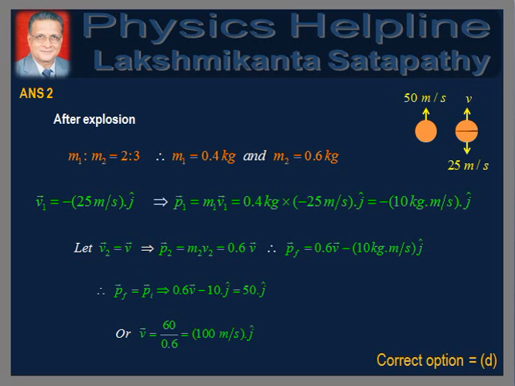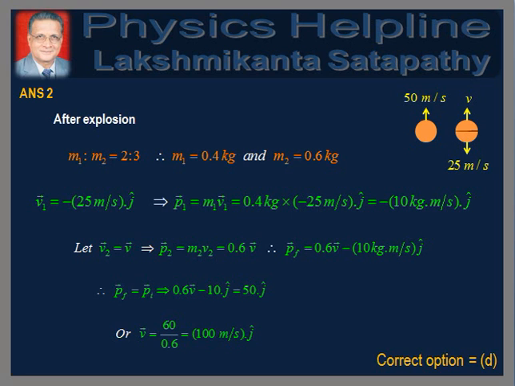Therefore, conservation of momentum gives 0.6 v minus 10 kg meter per second into j cap is equal to 50 kg meter per second into j cap.